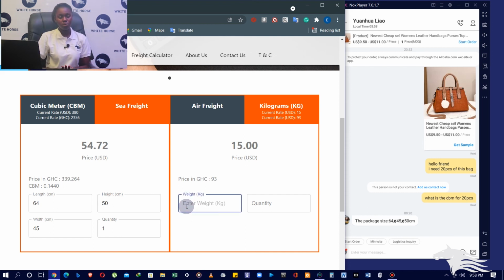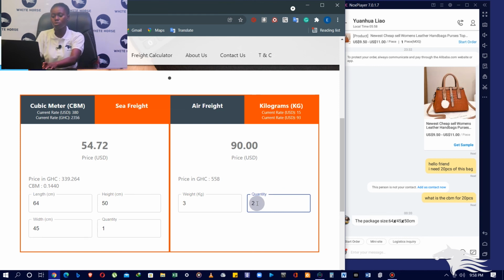Let's say the weight was 3 kg. So you enter 3, and then the quantity of the product, maybe it's packaged in 2 boxes, so you have 3 kg, 3 kg, so you input 2. Okay, so you now have your shipping cost for 3 kg times 2.